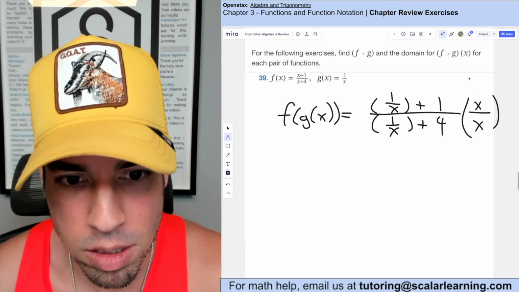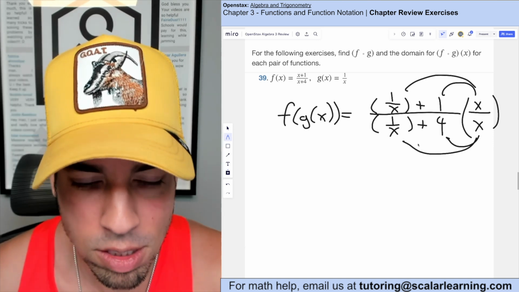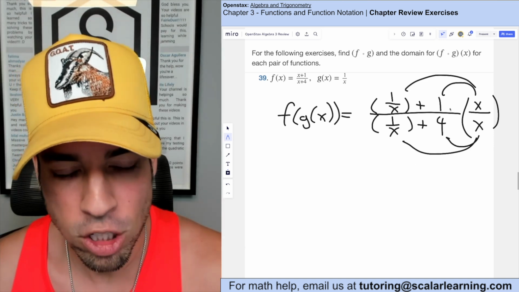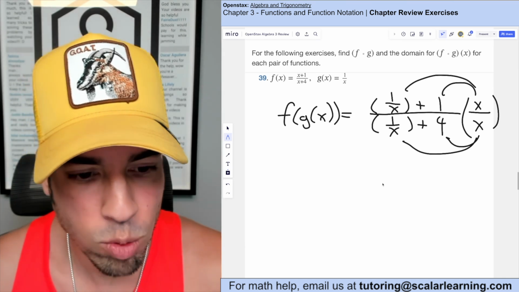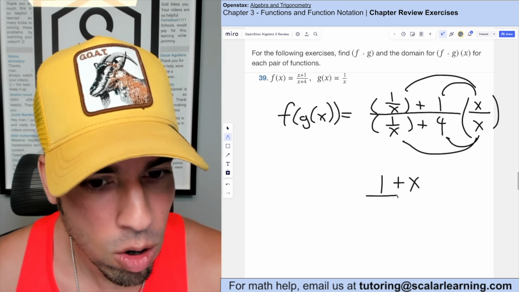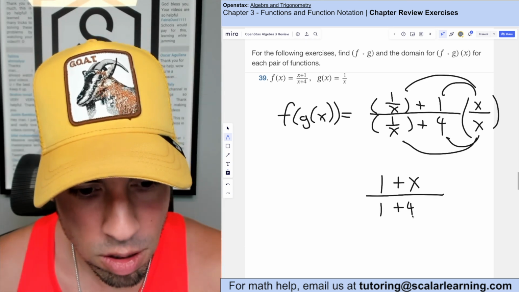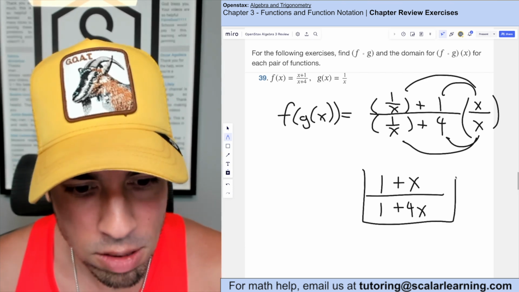This is pretty cool, because this is going to multiply that, and this is going to multiply this and this. And you're going to see how it's going to eliminate that fraction on top of a fraction. So x times 1 over x is just 1. x times 1 is just x. x over x times 1 over x is again just 1. x times 4 is 4x. So now we have this nice final function.